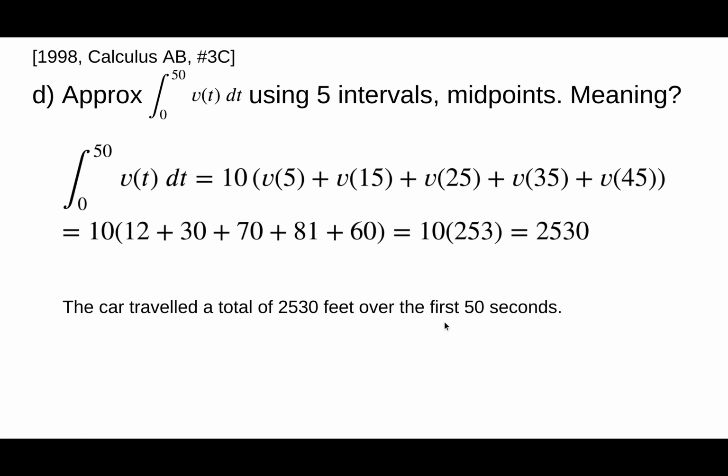With that word first, they know I'm starting at 0 and then going through the first 50 seconds, so 0 to 50. Or you can just explicitly state that the car traveled a total of 2,530 feet over the interval of t equals 0 to t equals 50. Right, but you have to indicate it's not just any 50-second interval here. It is specifically that first 50-second interval, and that must be clear to the reader in order to get those points.